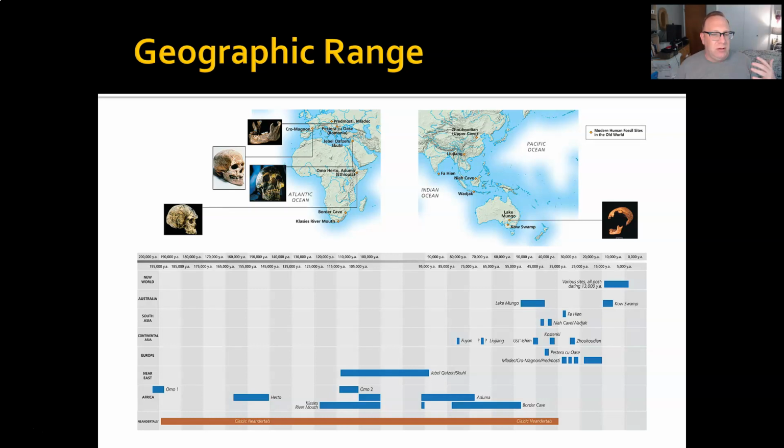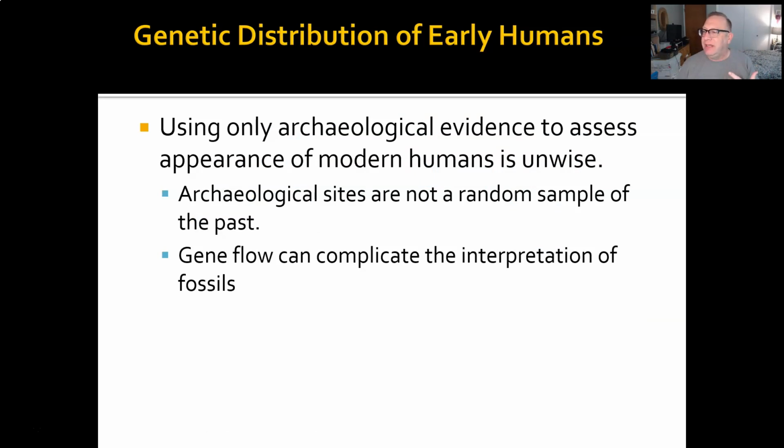Overall, the fossil evidence gives us some very good indication of what is going on, but we can't rely exclusively on fossil evidence. We also have to keep in mind that genetics tells us about migrations as well, and increasingly we are looking at evidence for these genetic migrations, evidence of gene flow, and evidence of groups of people moving from one place to another.